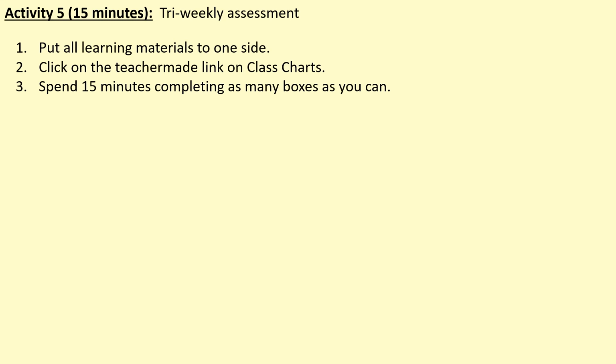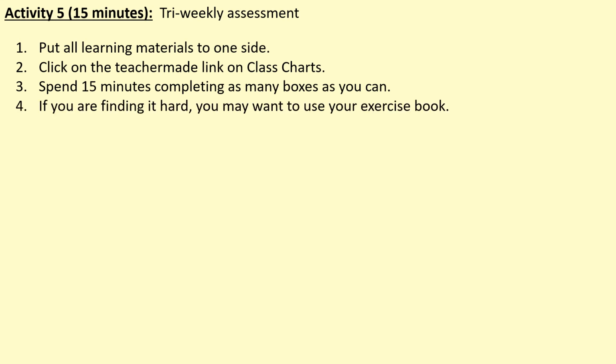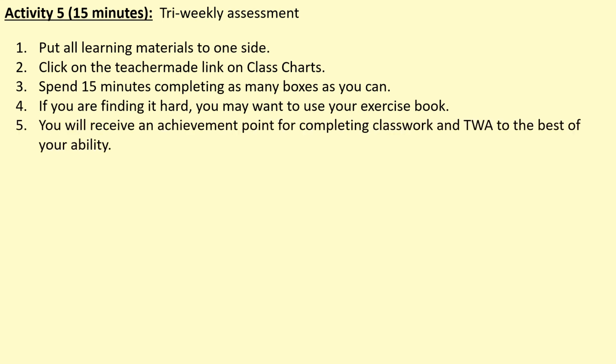So it's the same format as before. You'll start off with section 1, which is vocabulary, section 2, grammar, and then section 3, you'll write your own paragraph. If you are finding it hard, unlike when we're in school, you are allowed to use your exercise book, but try and do that just as a last resort if you really are stuck.